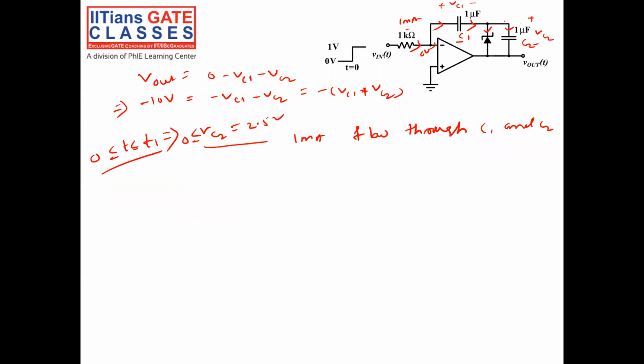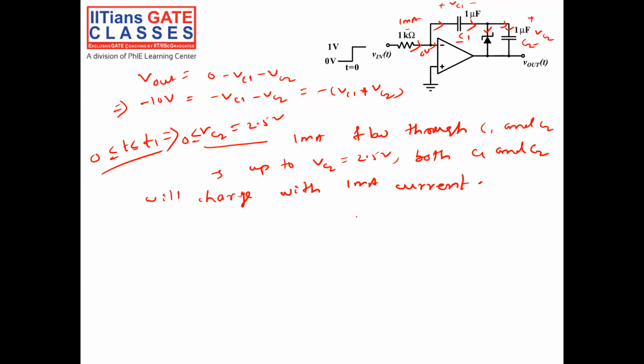So the whole current will flow through C2. Both C1 and C2 will charge with 1 milliampere current until VC2 reaches 2.5 volt.